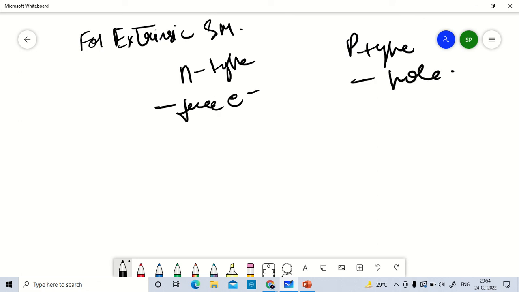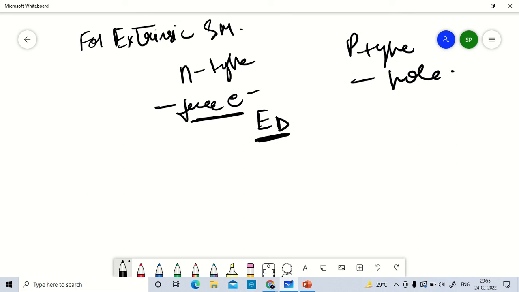So what they are saying is that for this free electron, extra energy levels are created for these two. In case of extrinsic semiconductor, additional energy states are there due to donor impurity and acceptor impurity.